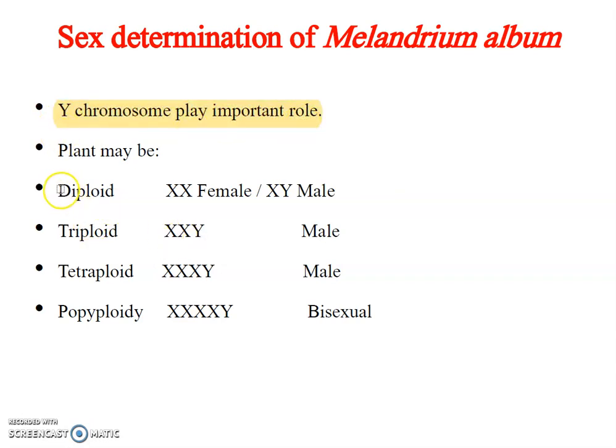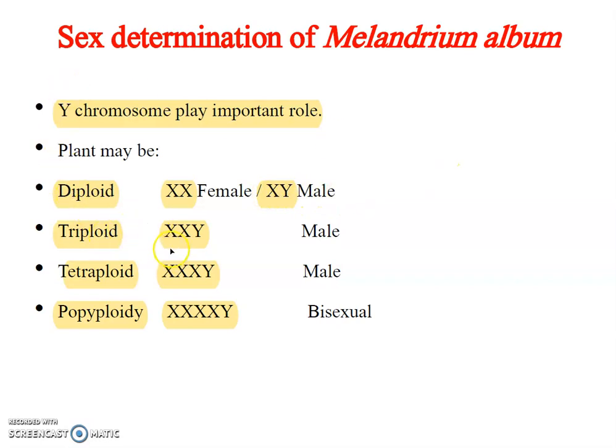The plant may be diploid, triploid, tetraploid or polyploid. In the diploid there are either XX or XY chromosomes. In the triploid there are XXY chromosomes, in tetraploid XXXY, and in the polyploid XXXXY. So in the diploid, the presence of XX chromosomes produces female, and the presence of XY chromosomes produces male.